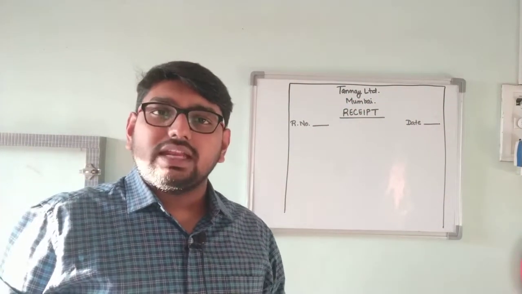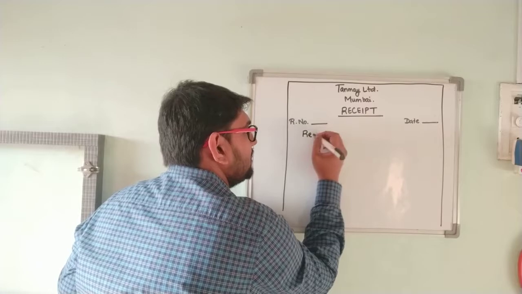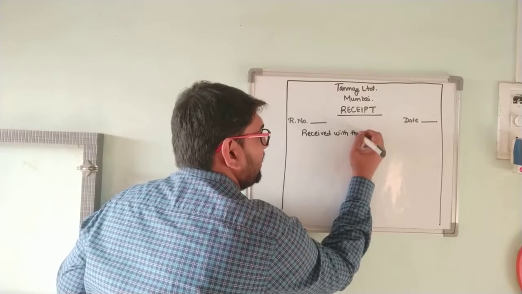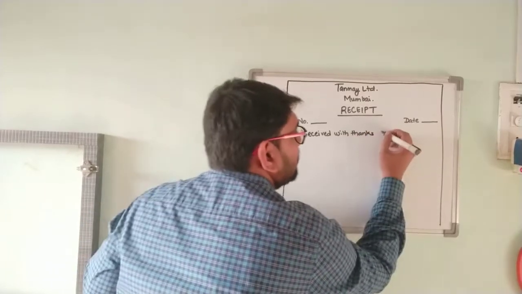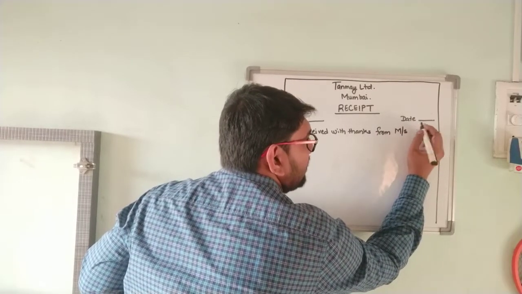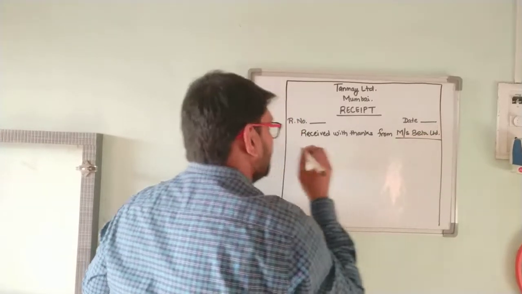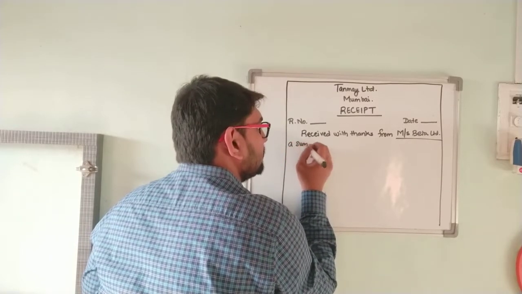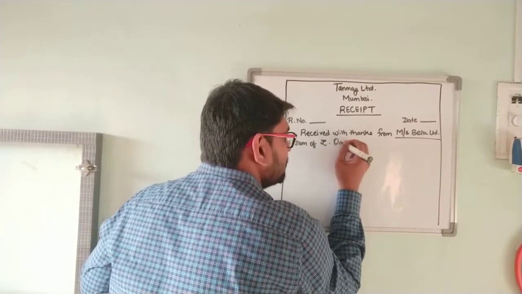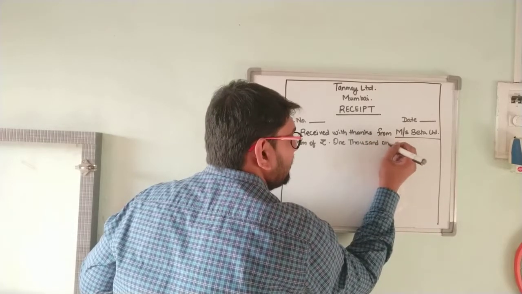After this I have to write a sentence. So I will write the sentence: Received with thanks from Messrs, we'll say Beta Limited, a sum of rupees, let us say 1000 only.